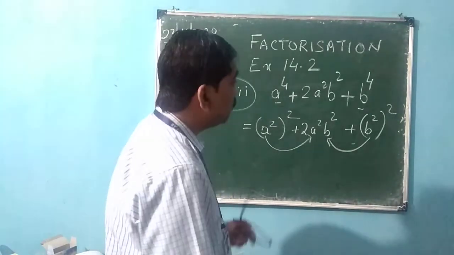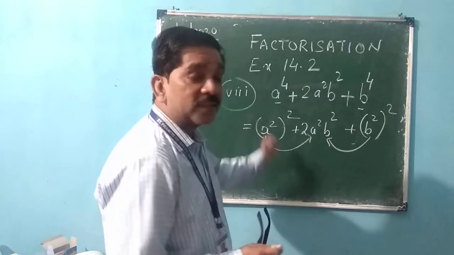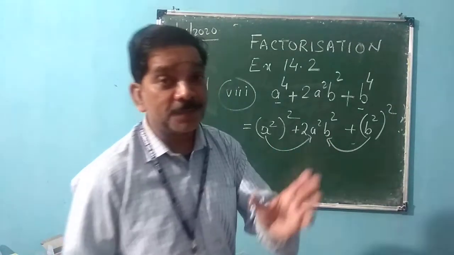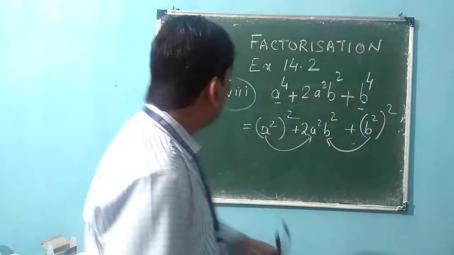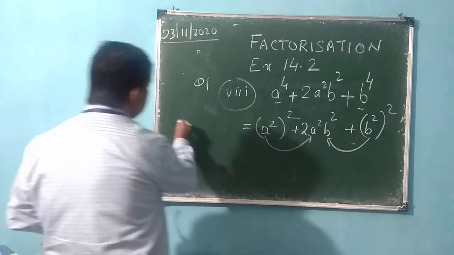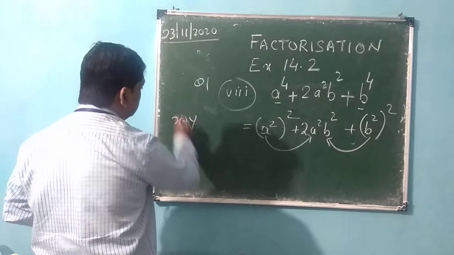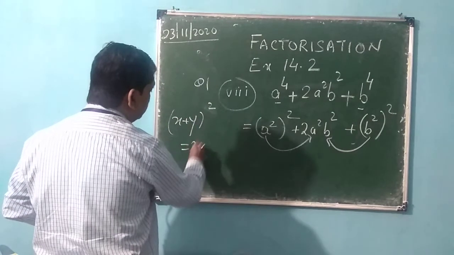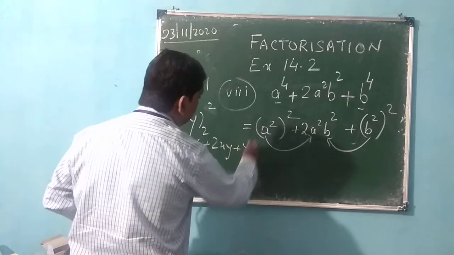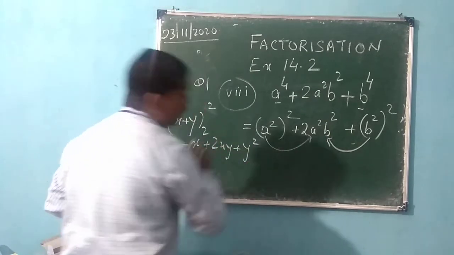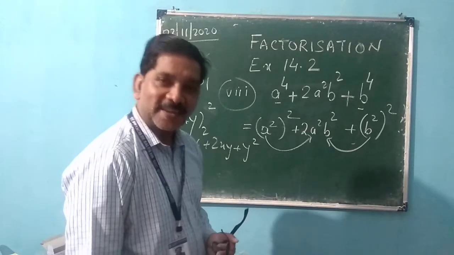Alright? Now you know very well, this is of the type a plus b whole square, or let us say x plus y whole square. What is x plus y whole square? x plus y whole square is x square plus 2xy plus y square. This is of this type. Correct?